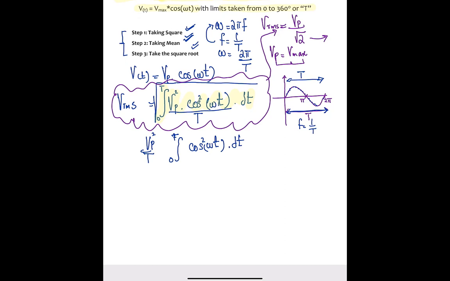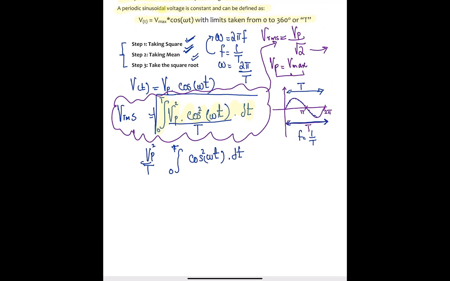Since we can't take the integral of this thing right here, I'm going to convert it into a trigonometric function for which we can take an integral. Remember, cosine square theta equals 1 plus cosine 2 theta over 2.